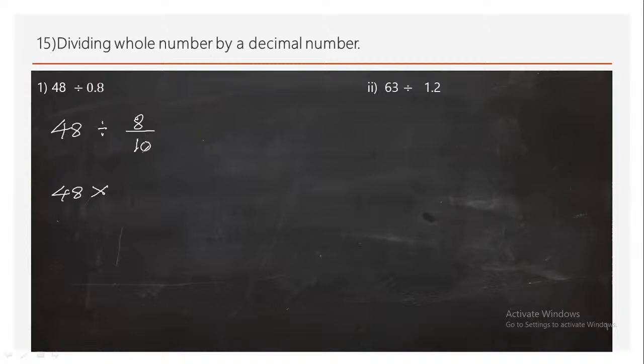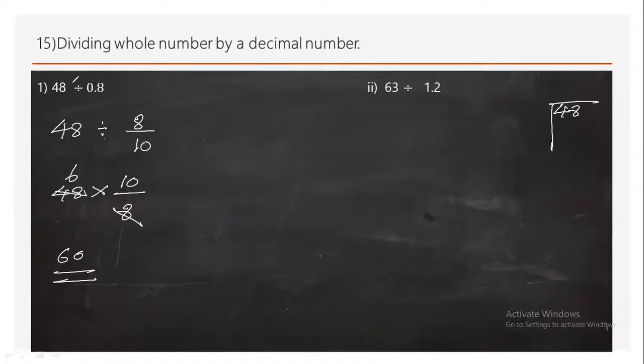So now this fraction with the division sign, now we are going to write this with the multiplication sign, 10 over 8. Now cancel out how many 8s are here? 6. 6 times 10, answer is 60. Even you can follow the long division method, 48, then divide by 0.8.